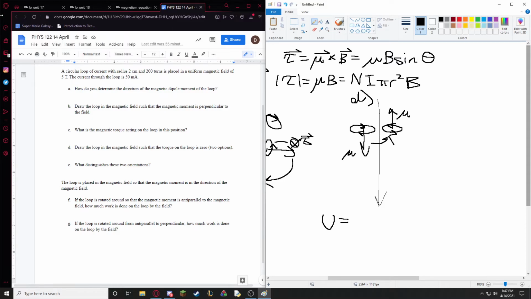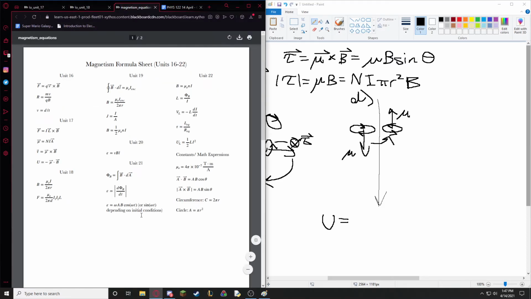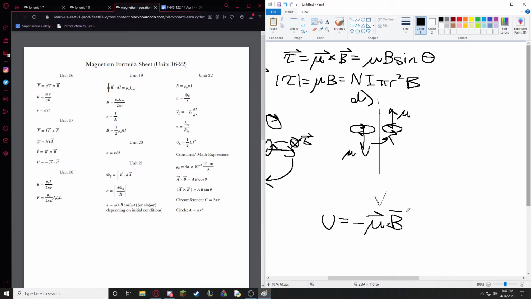Or in this case, it's the dot product, which then turns into a cosine. Exactly. Is equal to negative mu dot b, which is equal to negative mu b cosine of theta.